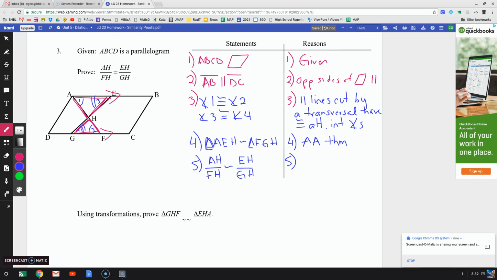And I'm going to say that because my corresponding sides of similar triangles form a proportion.